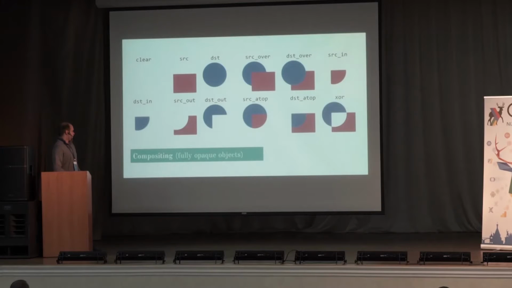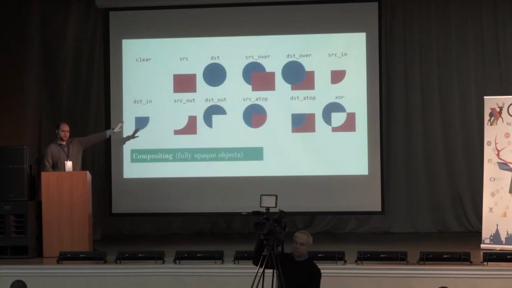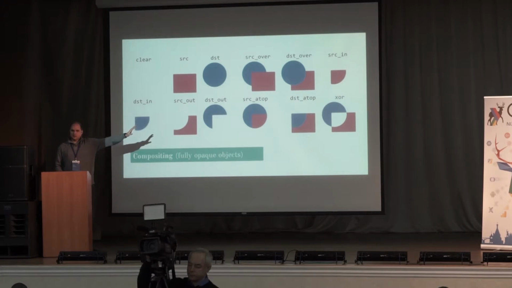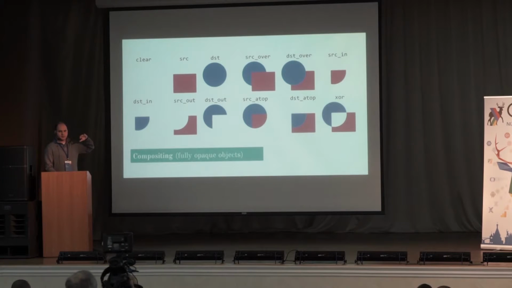And then we have compositing modes. This is the one where both source and destination images are fully opaque, so it's not semi-transparent. And obviously, when they overlap each other, you get various shapes, and the ones that we are especially interested in are source out, source in, and source atop.